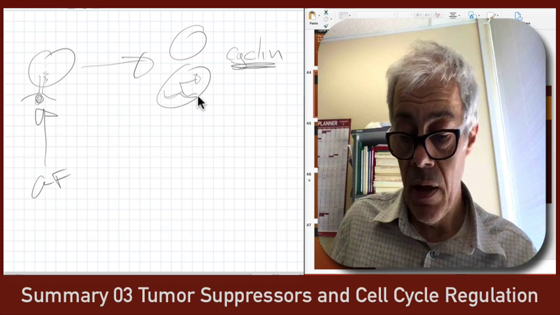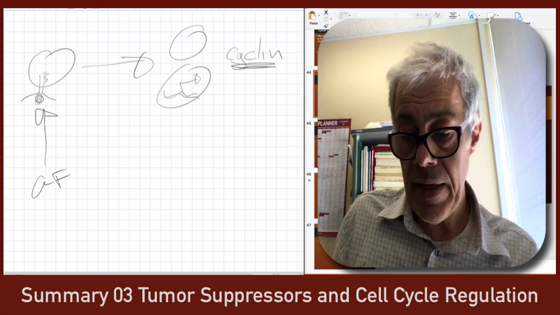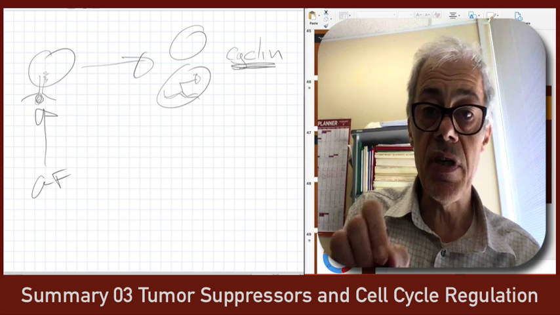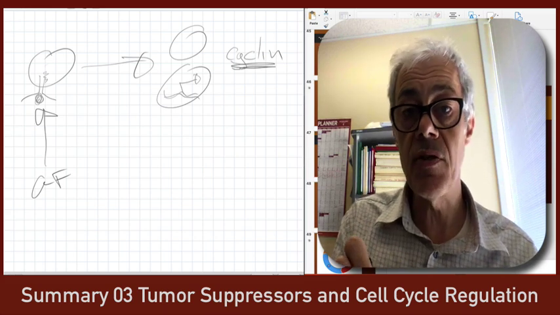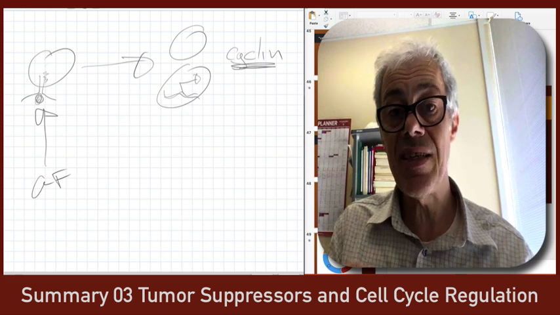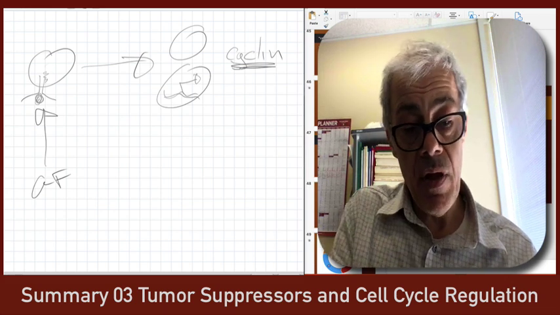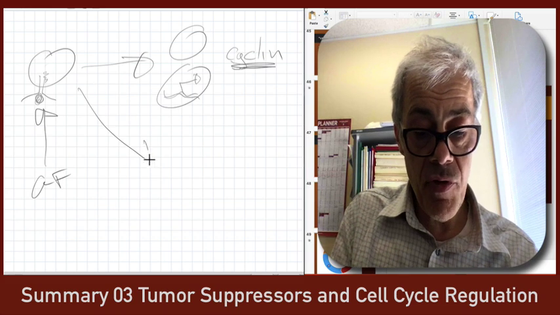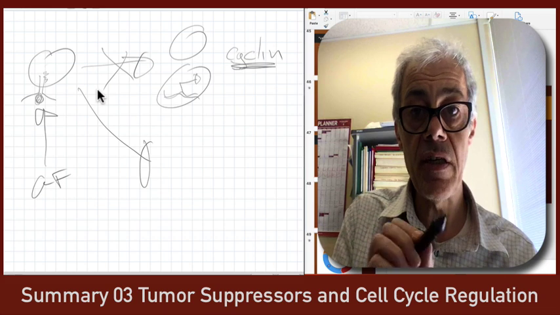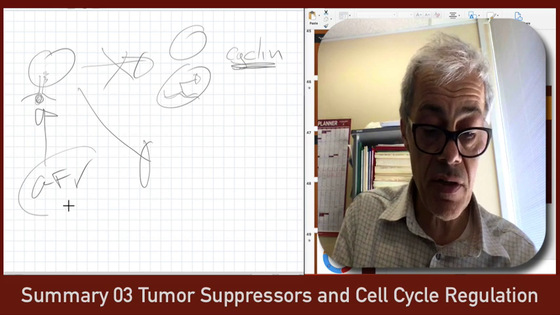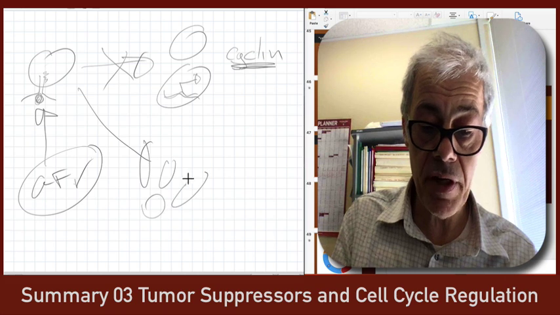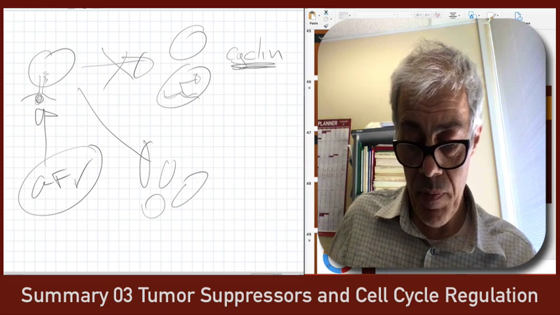Okay, so now clearly cells aren't just growing all the time, because that's the hallmark of cancer. So cells are effectively not growing unless they're told to. So this process of dividing is not occurring until the growth factor is present, and the growth factor then causes the growth to occur.